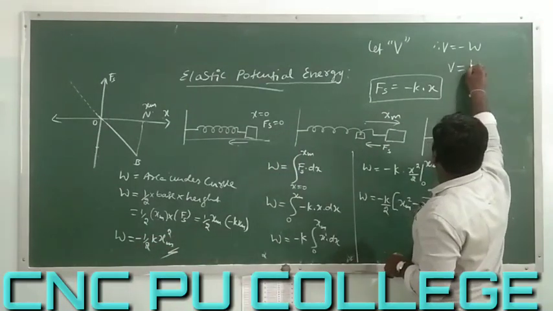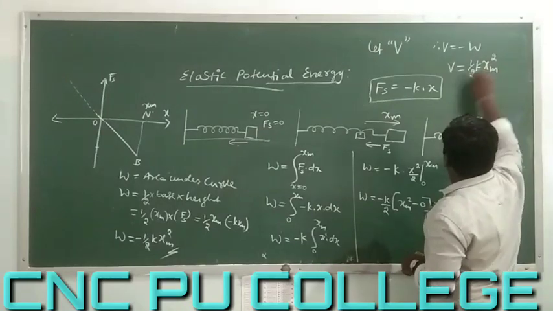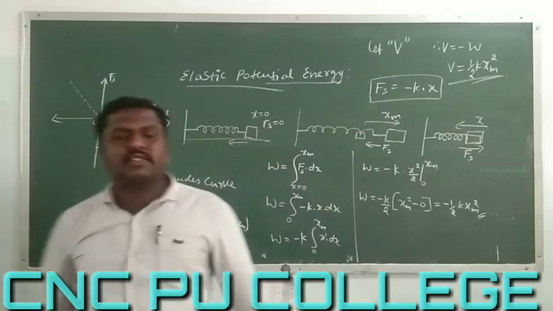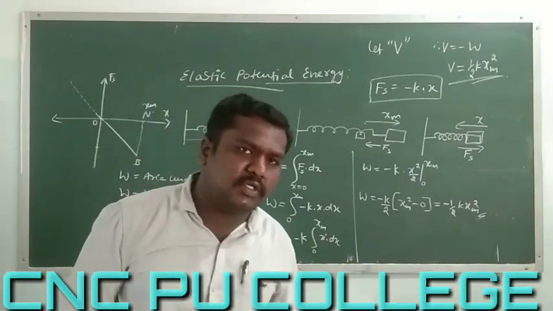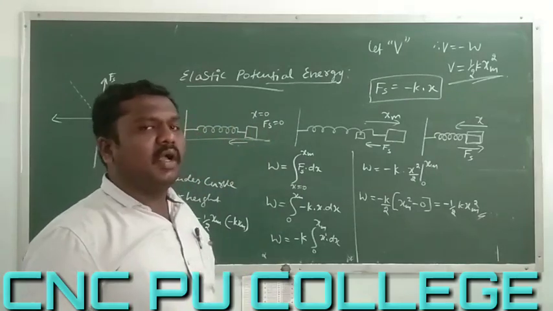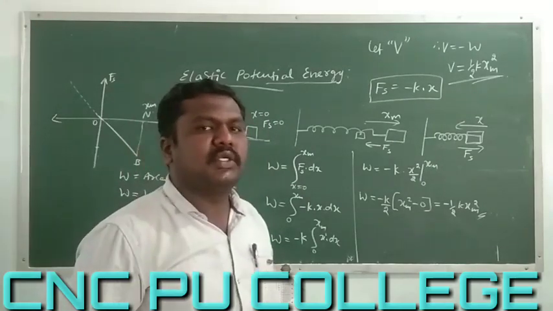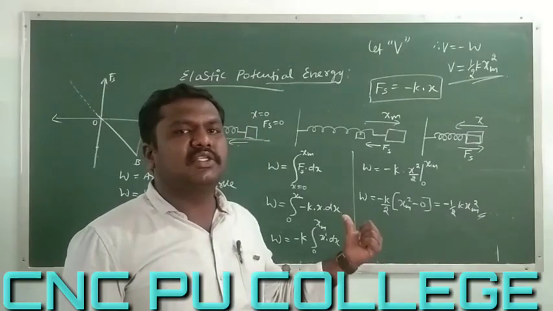It becomes half k xm square. So this is the expression for elastic potential energy. What is the expression we got for elastic potential energy? V is equal to half k xm square, where k is the force constant and xm is the maximum displacement in case of the stretched spring.